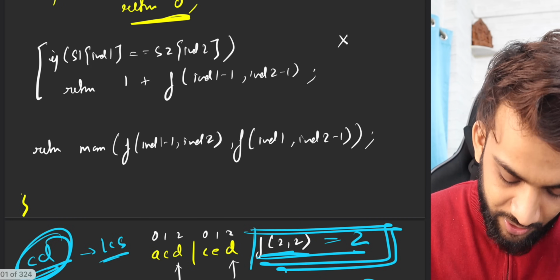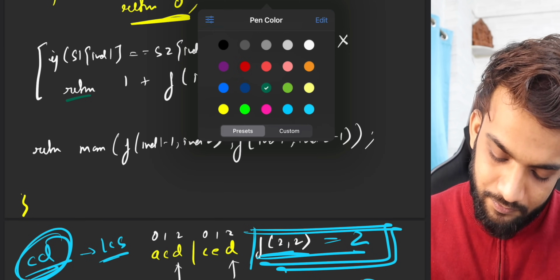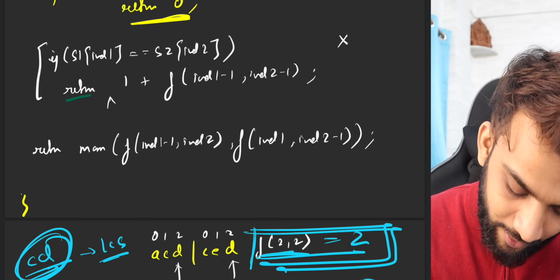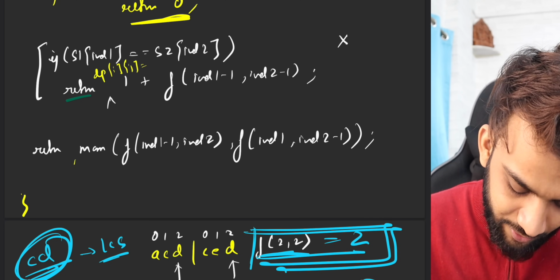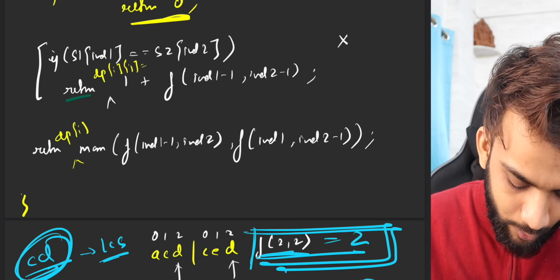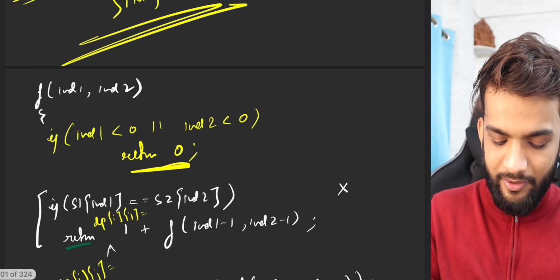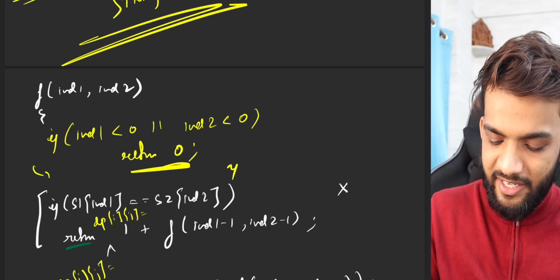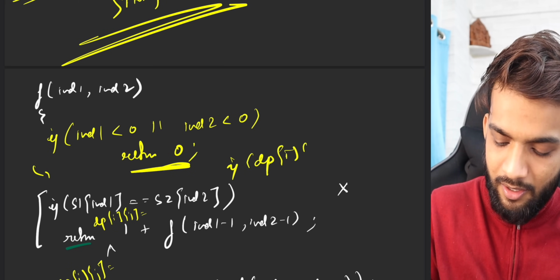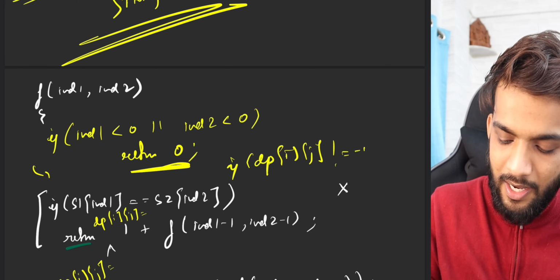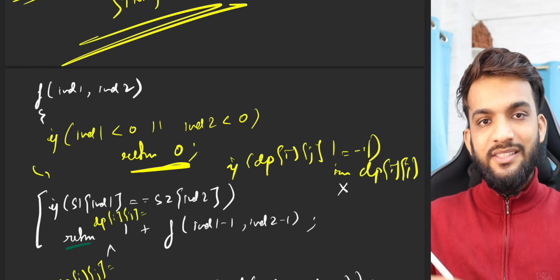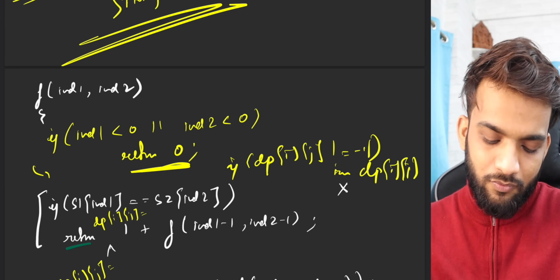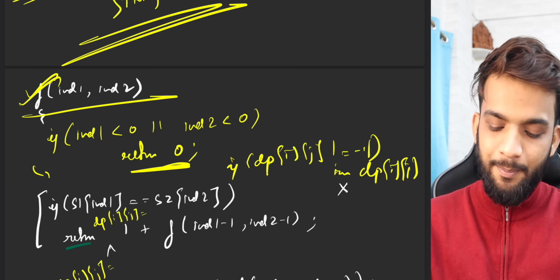Wherever there is a return statement, write dp of i, j equal to that value. And whenever it enters, a very simple line: if dp of i, j is not equal to -1, you return dp of i, j. That's how you easily do it. That's what the function resembles.